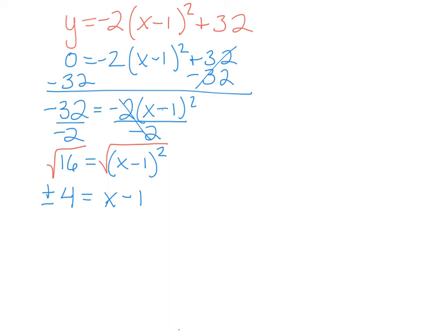Two possible things here. We have 4 equals x minus 1 and negative 4 equals x minus 1. We're going to solve for x, so in both of these we're going to add 1.